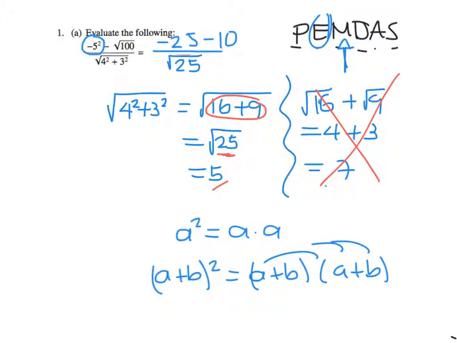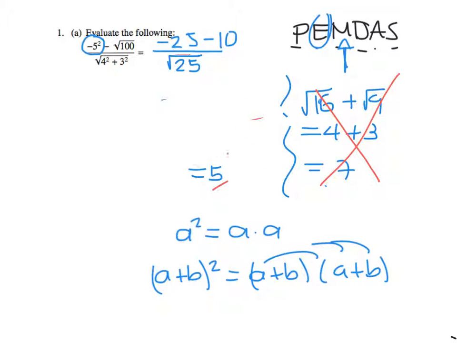Sometimes the erasers don't work great. So the numerator becomes a -35, the bottom becomes a positive 5, so the answer is a -7.